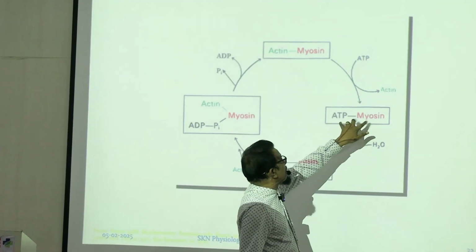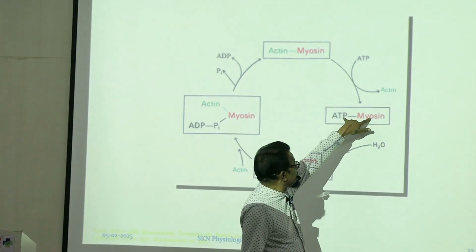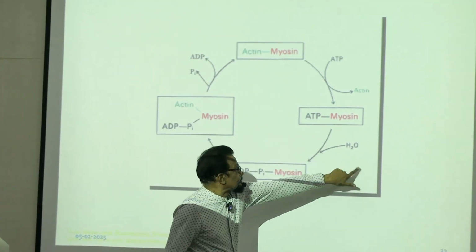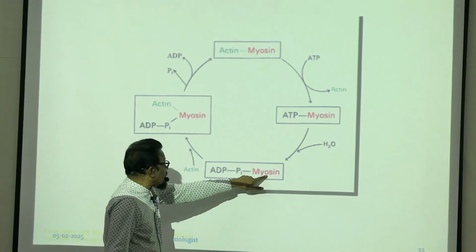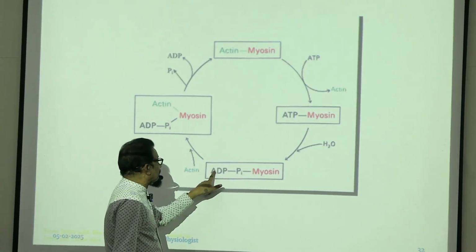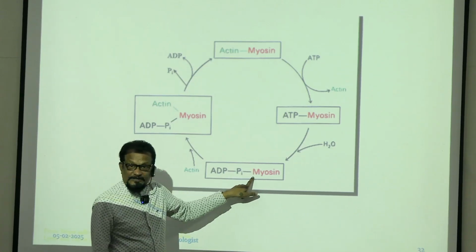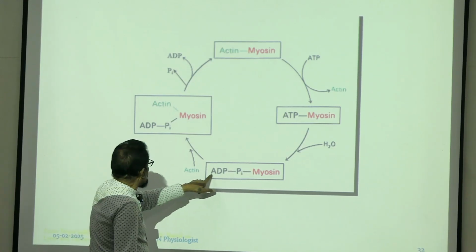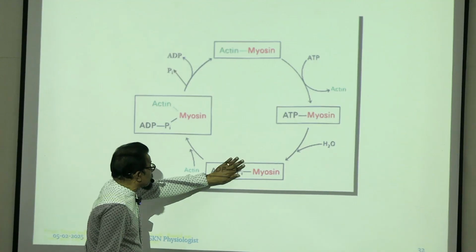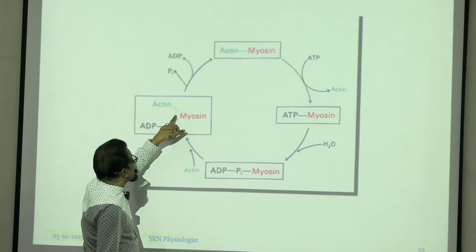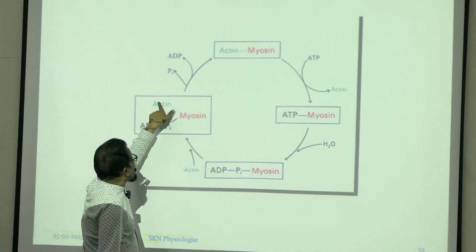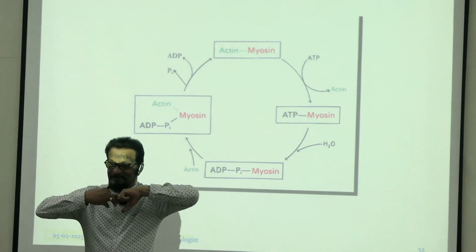When ATP binds to myosin, it is hydrolyzed. With water, ATP is hydrolyzed. So now myosin will have ADP plus Pi plus energy. So now it has got affinity for actin. Now it will bind with the actin and form an actin-myosin cross-bridge.